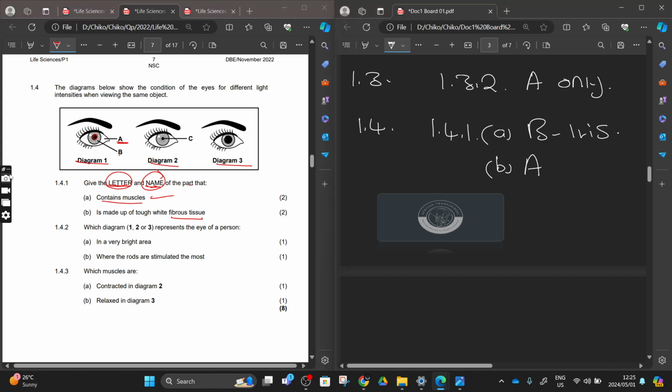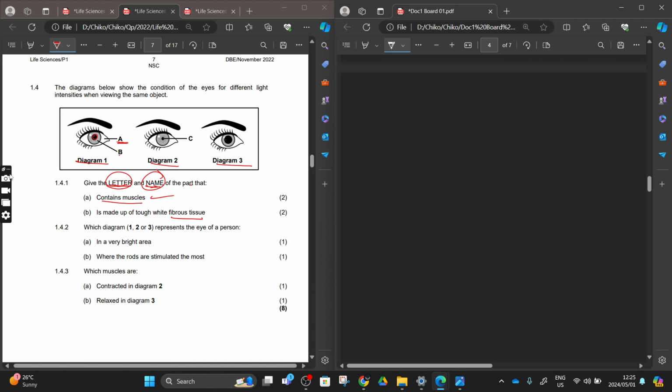Then the answer there is going to be A, and this one will be sclera, right? If I'm making a mistake, guys, don't forget to comment and allow me to correct myself, right? Then 1.4.2, which diagram, 1, 2 or 3, represents the eye of the person? They want you to only indicate 1, 2, or 3, answer using these numbers, right?